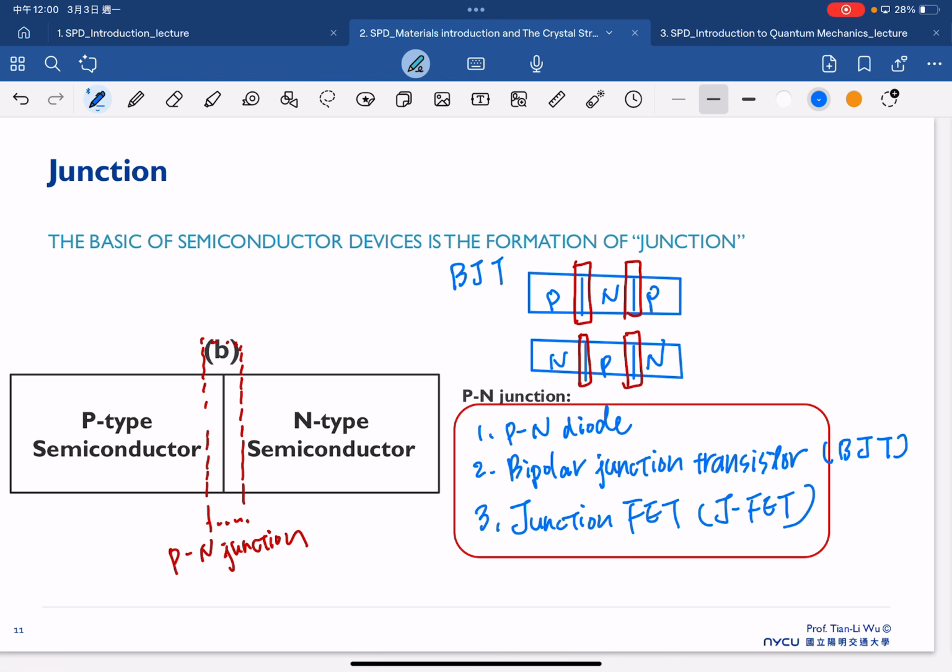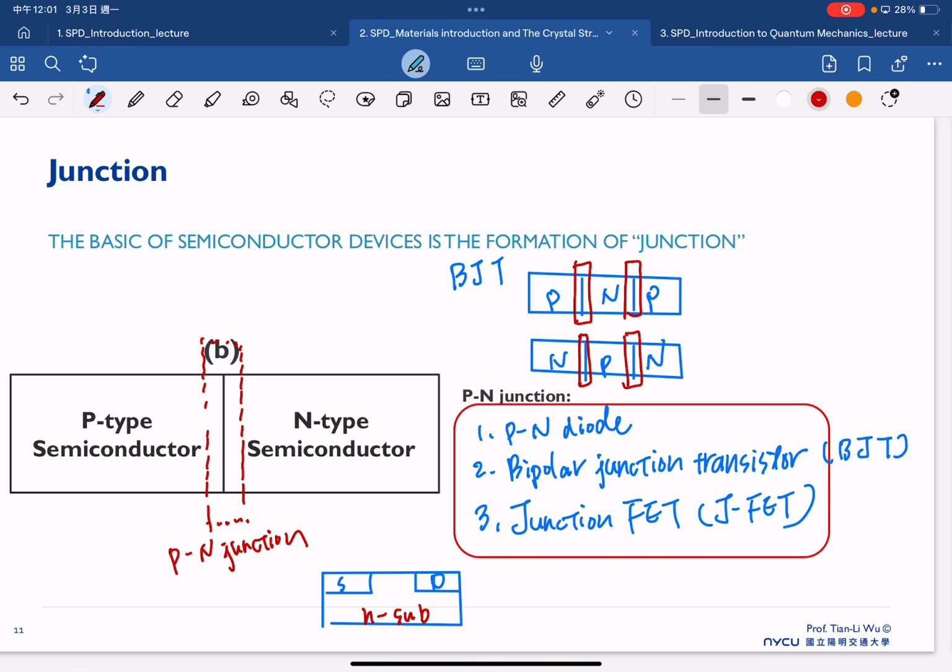And the JFET is a structure very similar to our MOSFET. We still have the source and drain here. But now we are not using the P-type substrate. Actually, we use an N substrate.